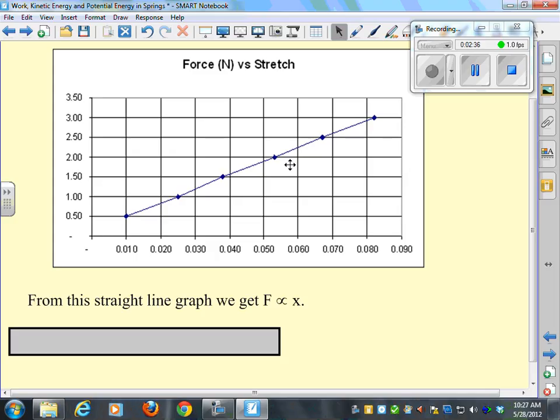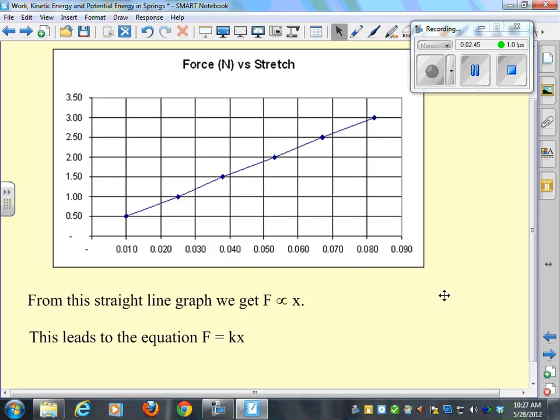Which means if you stretch it twice as far, you're going to need twice as much force. Which gives us the equation F equals kx. To go from a proportionality statement to an equation, we put in a constant of proportionality, the letter k, and we change it to an equals sign. And then the question is, what's the value of k?